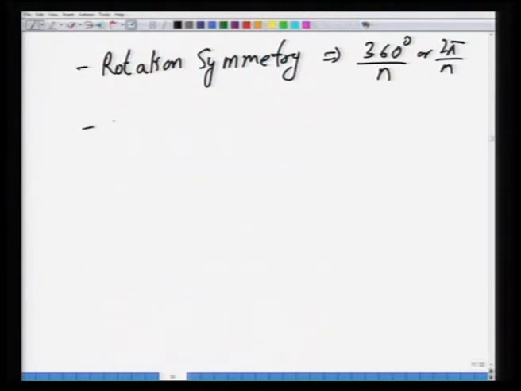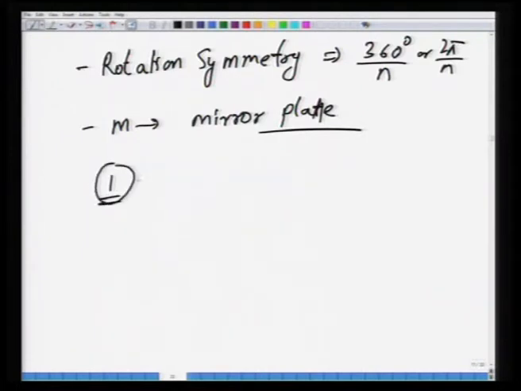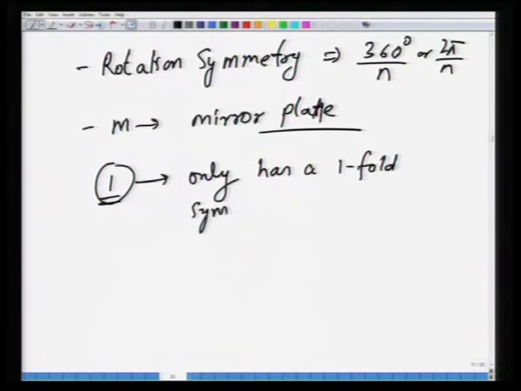Then you have m, which represents a mirror plane. So, for instance, for a given material, let us say a cubic material, if you have 1 as the symmetry element, it means the material only has a one-fold symmetry, which is nothing but 2 pi.